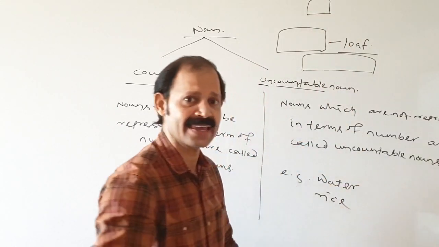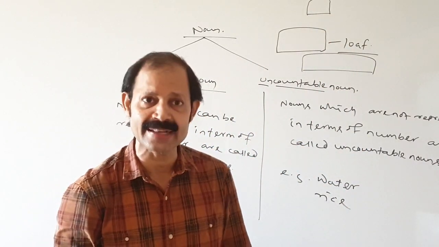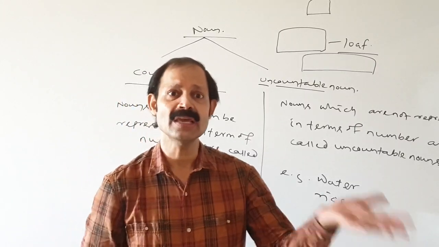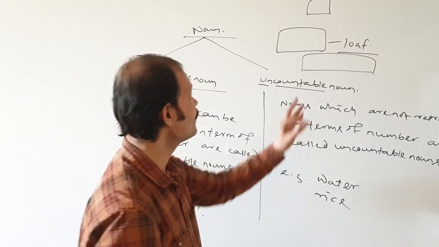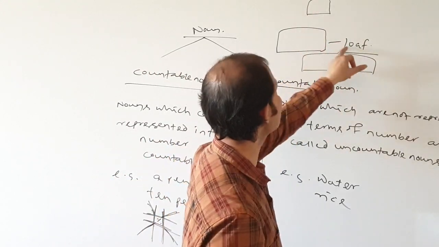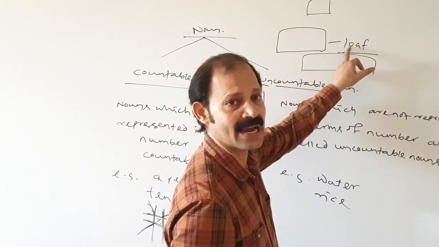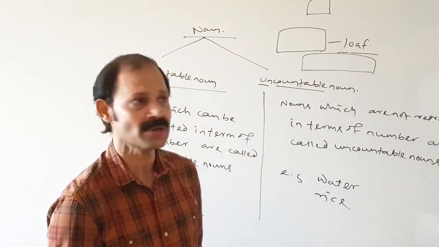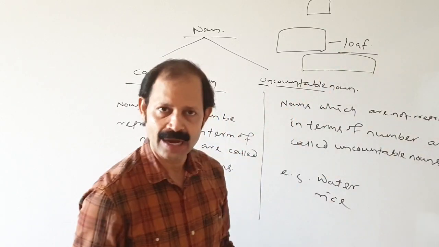So when we say give me 5 loaf, 5 bread, we exactly want to say give me 5 loaves of bread. And loaf is countable because we are counting them in this format. That's why loaf is countable, but bread is uncountable.